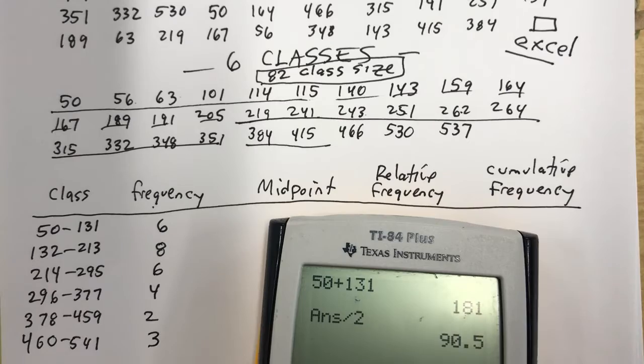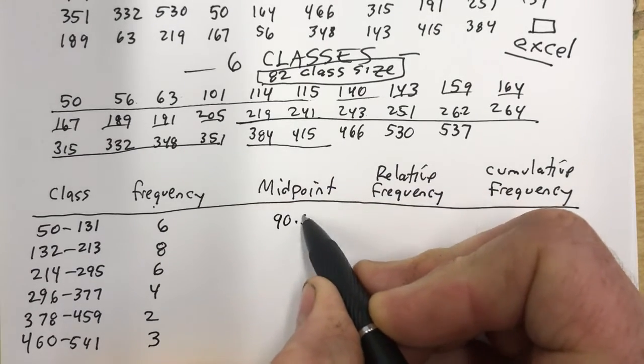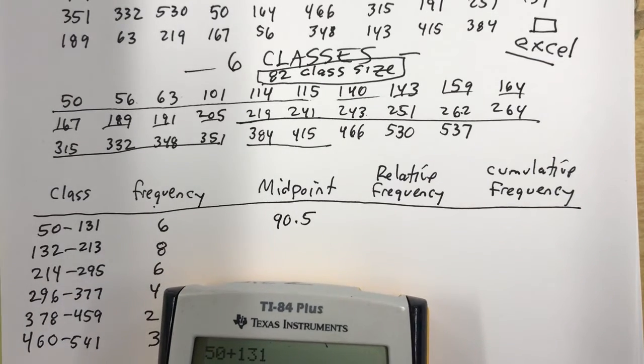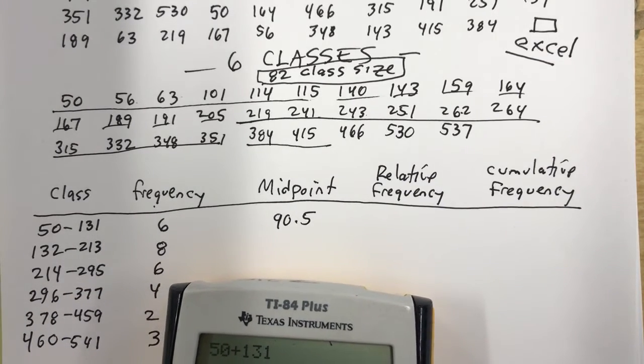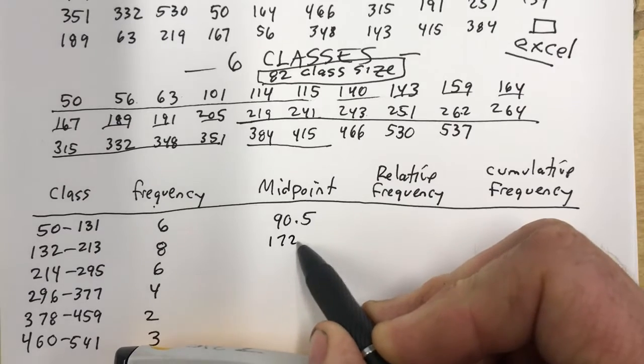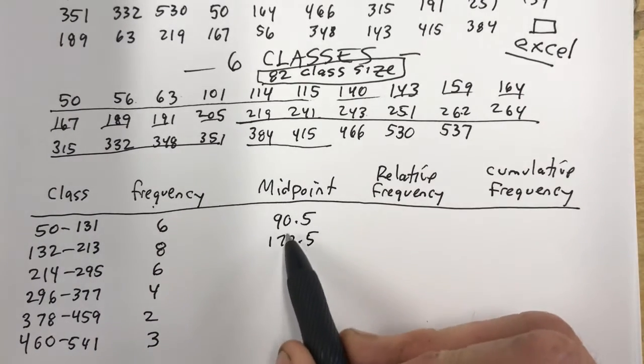It's 90.5. So my midpoint here is 90.5. My midpoint on this one, 132 plus 213, add them together, divide by 2, 172.5.